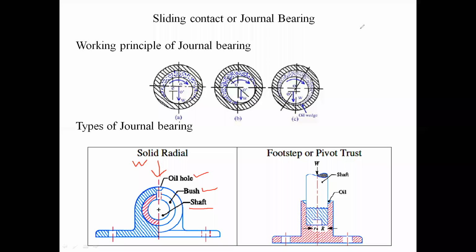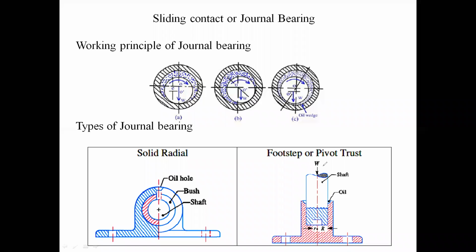In many other applications also, where the load is very huge and the speed is high, this journal bearing can be used. Okay. The second type of bearing is footstep or pivot.